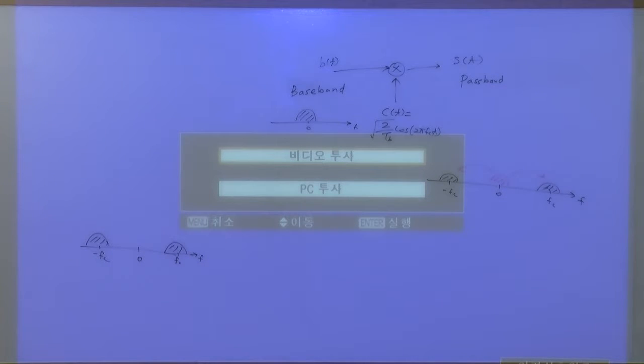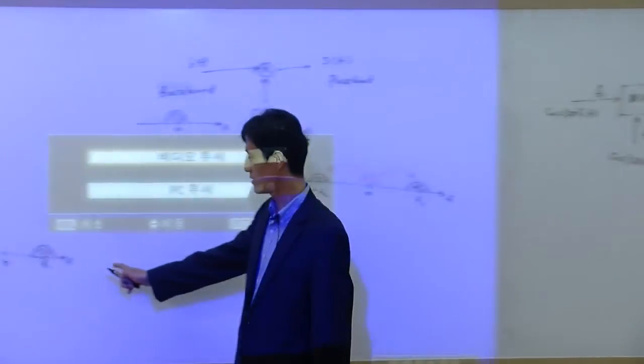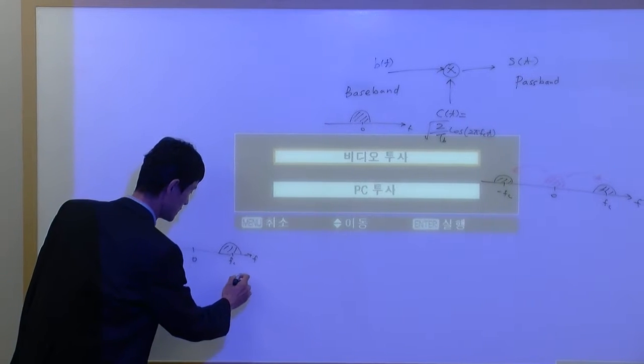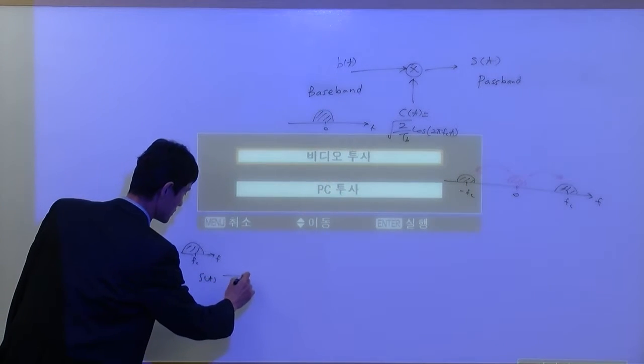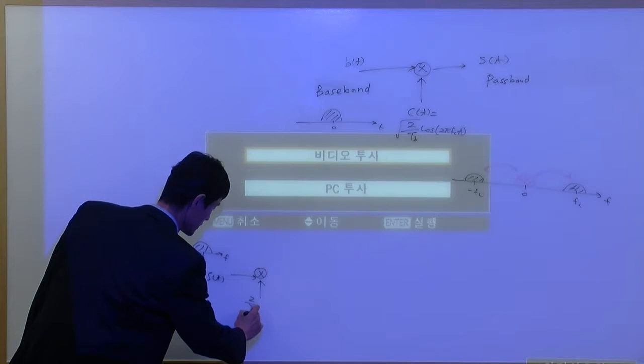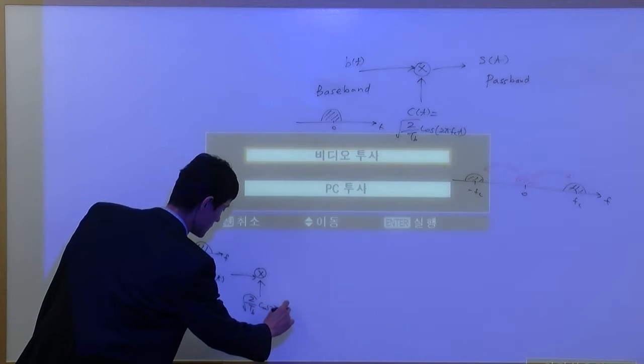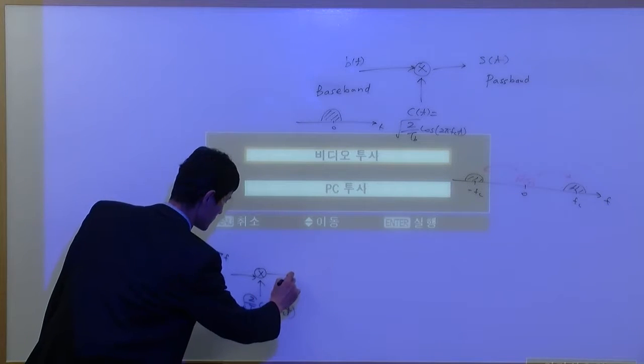And what's the first thing to do at the receiver? The first thing is that this ST comes to the receiver. Again, you multiply by the carrier.